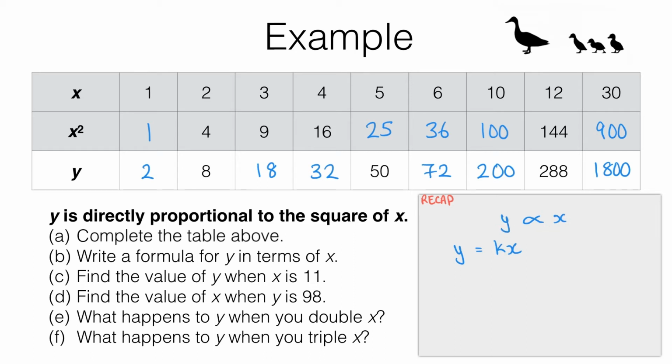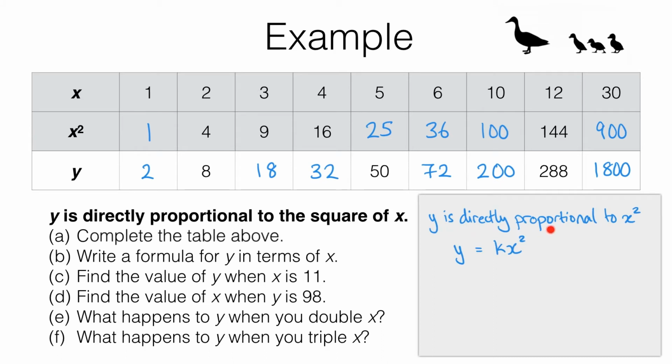Now, I'll just go back to the full text to be clear, but let's apply what we know to this question. In this question, y is not directly proportional to x, it is actually directly proportional to x squared. And that means we can say y equals k multiplied by x squared.